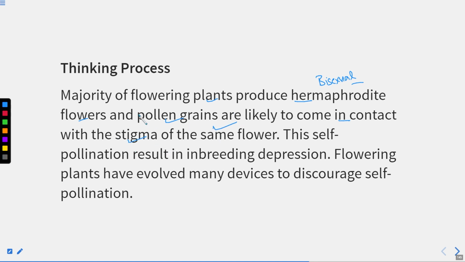This promotes self-pollination, and repeated self-pollination results in inbreeding depression. What is inbreeding depression?